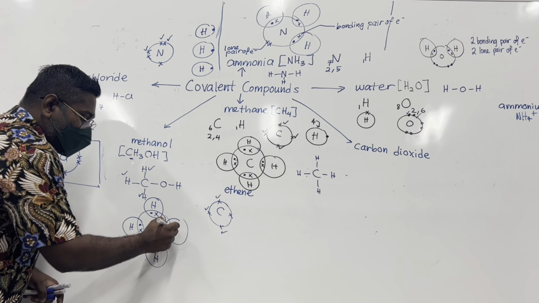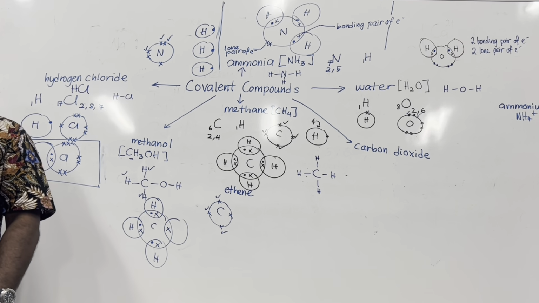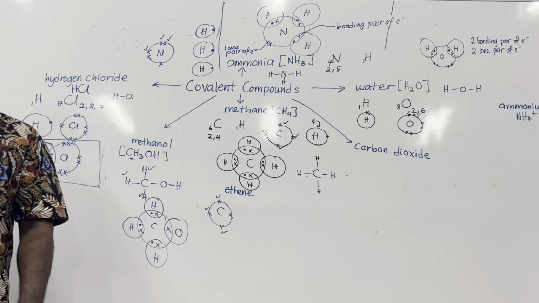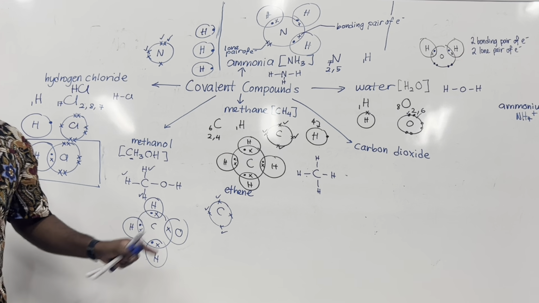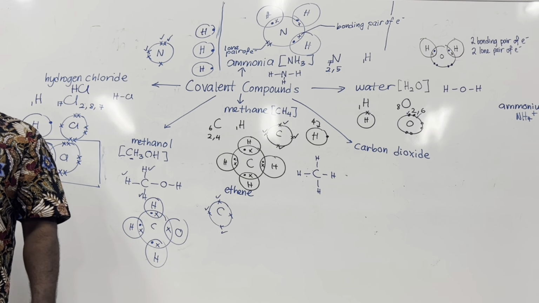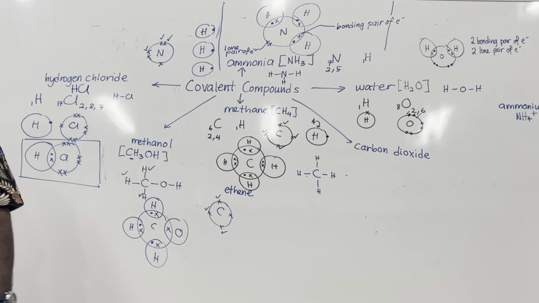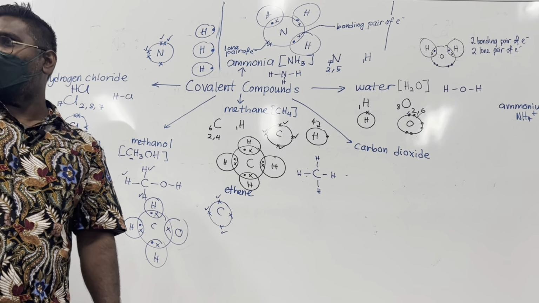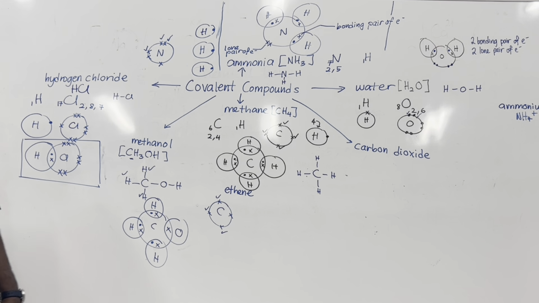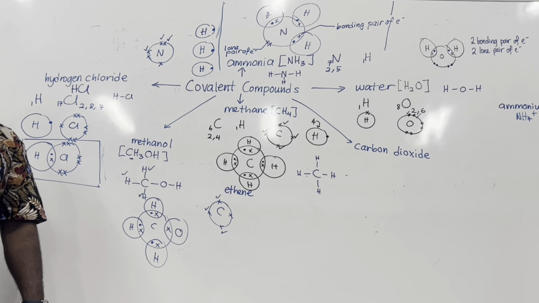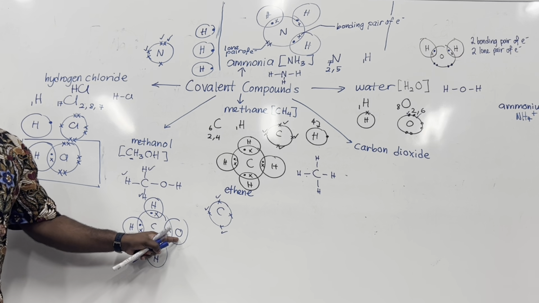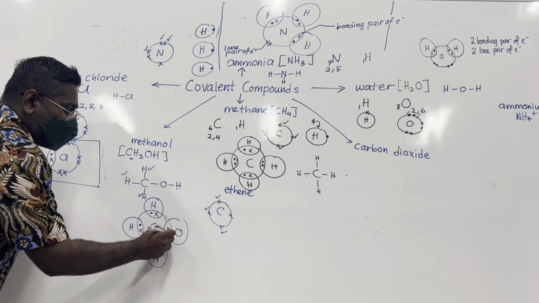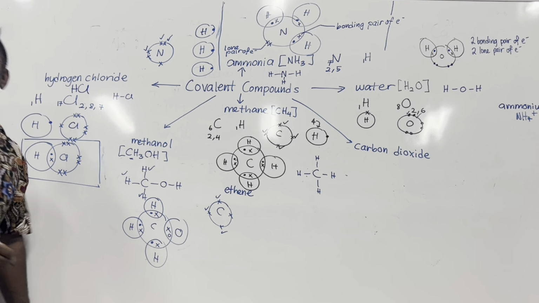So I put X, and then there is O. Now, if I share 1 electron, oxygen will share how many electrons? 1 also. If I give 1, another 1 will give you another 1. I am going to show the electron from the oxygen by changing the shape a little bit. I am going to draw the electrons as O like this.